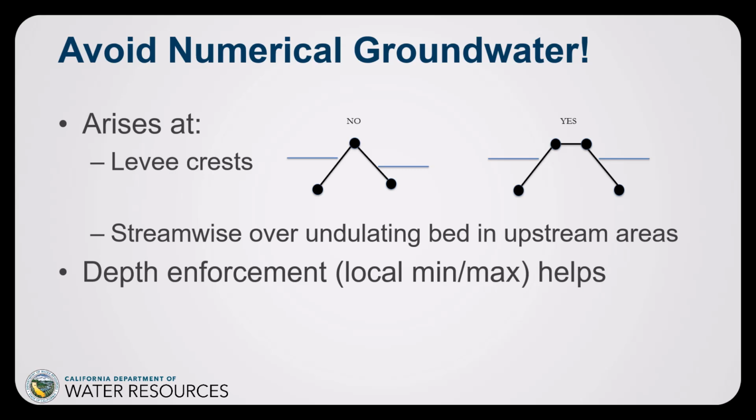So you're going to want to mesh elements so that you put 2 nodes and kind of resolve the levee crest or thalweg. Eventually, when you populate the grid, you can also use some of our depth enforcement techniques using polylines or polygons to make sure that this is the case and that you've got the levee reinforced.